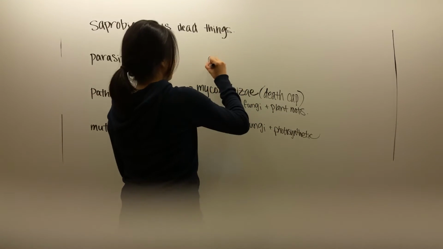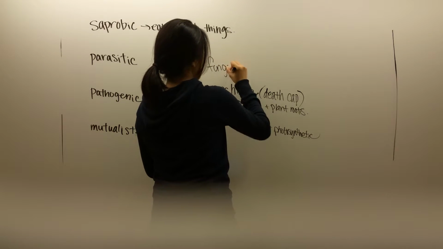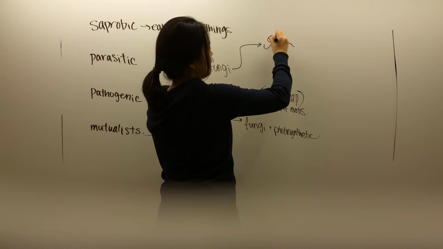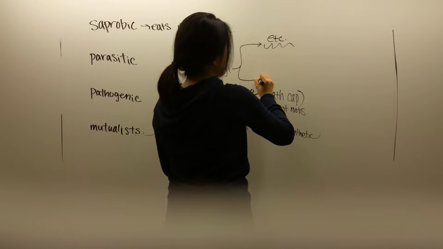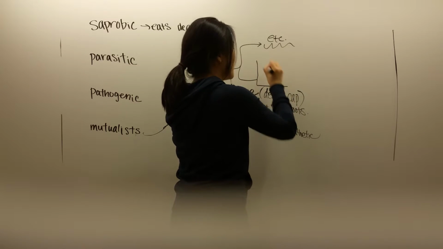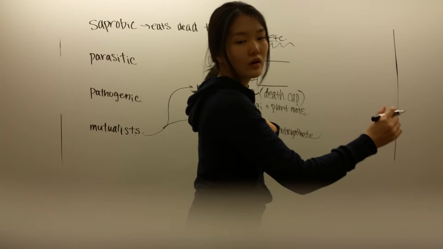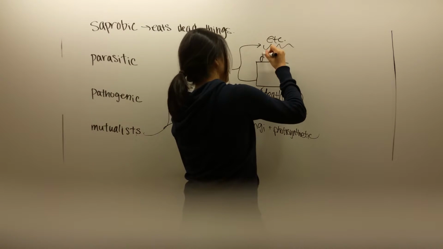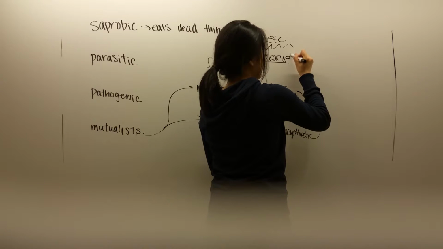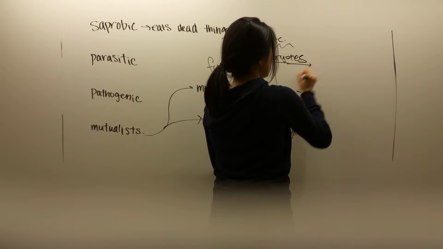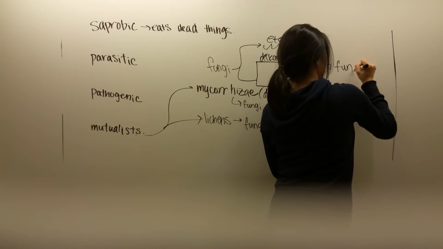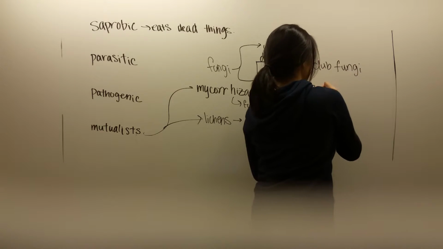Within fungi, you have other groups, but we're going to be looking at two particular examples of something called dikaryotes. The two examples are club fungi and sac fungi.